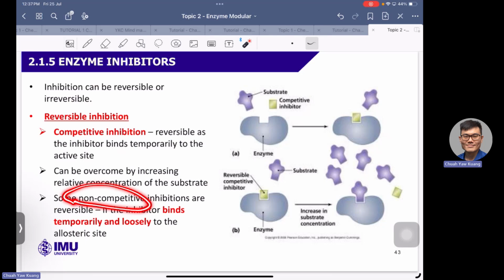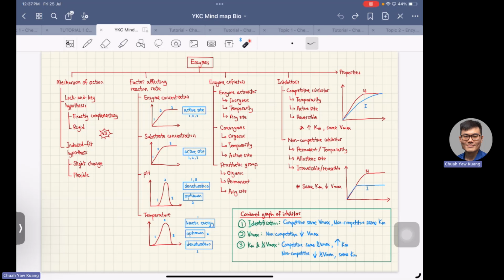It depends on whether they bind temporarily or loosely, or permanently. If permanently, then it will be irreversible. But if they only bind temporarily, then it will be reversible. That's why I am stating here that it can be irreversible, it can be reversible.